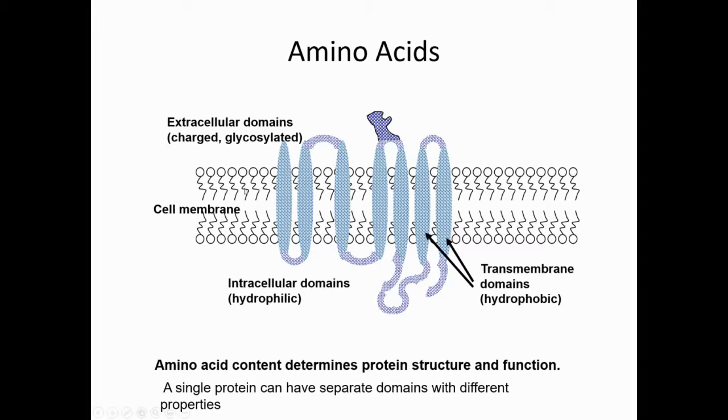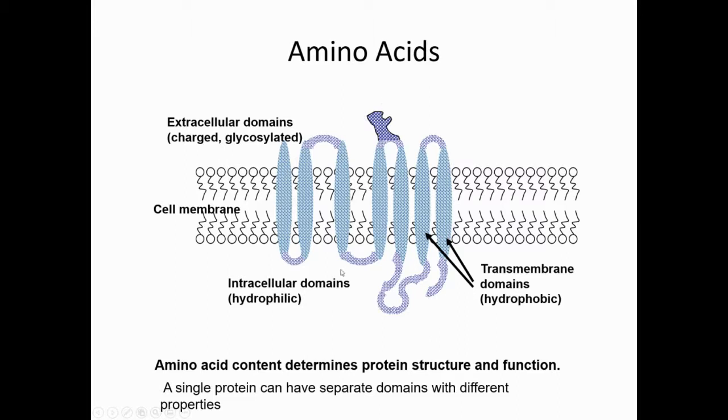For example, here we have a cell membrane and a peptide chain. Normally, hydrophobic amino acids like to bury inside, in this case inside the membrane, and hydrophilic ones will be exposed outside.